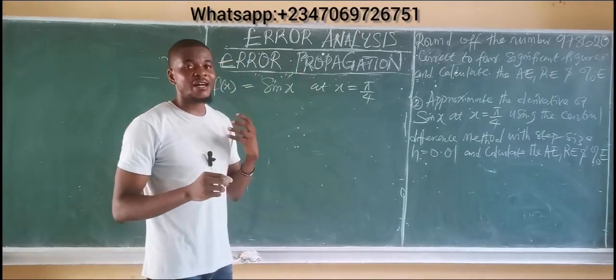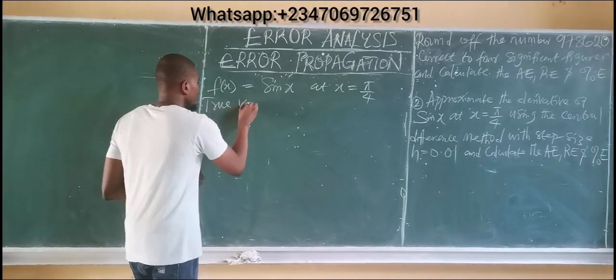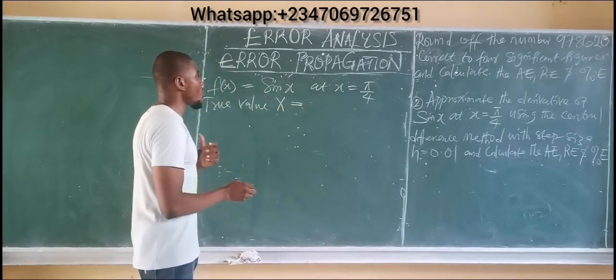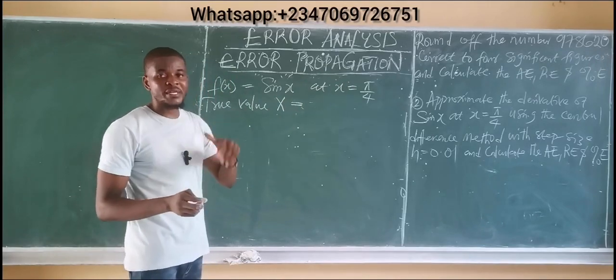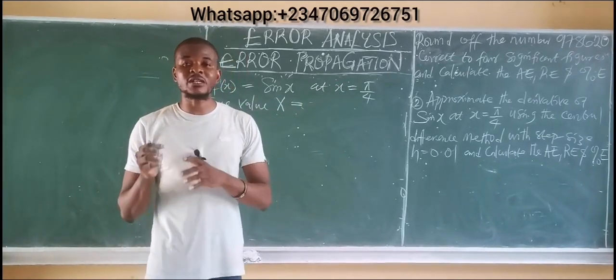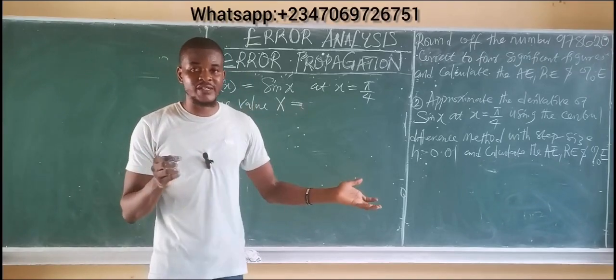So first we find our true value. So the true value, which is capital X, is equal to the derivative of this function at this point pi all over 4 without using the central difference method. So when you use the central difference method, that becomes the approximate value from what the question is saying.